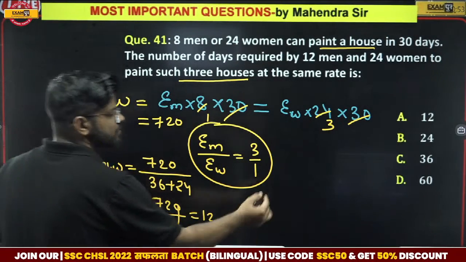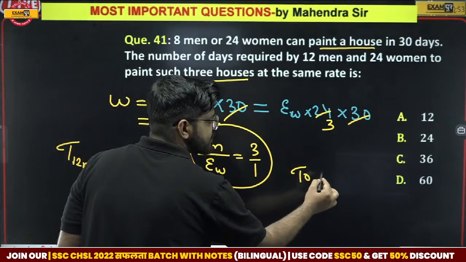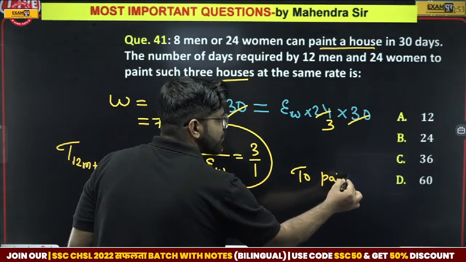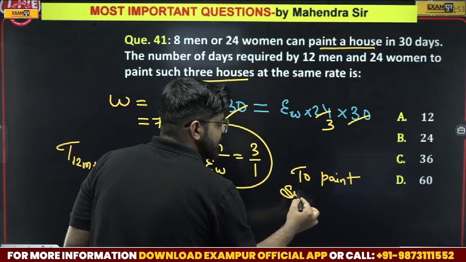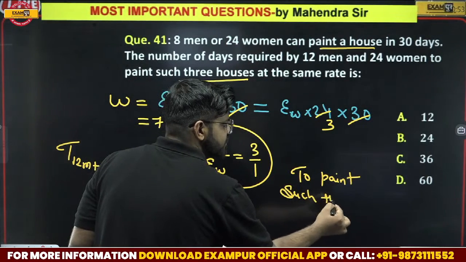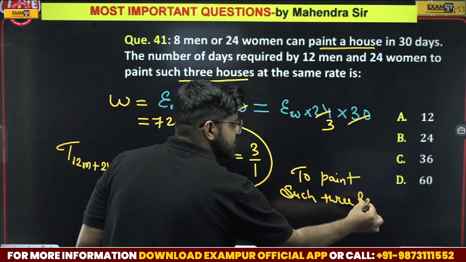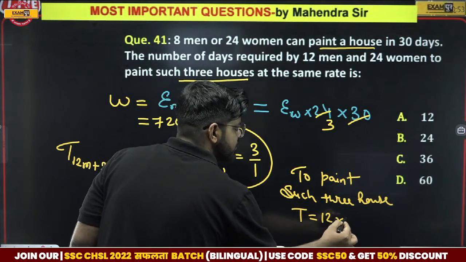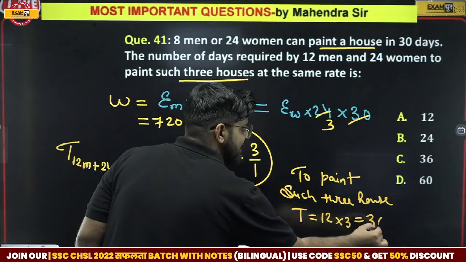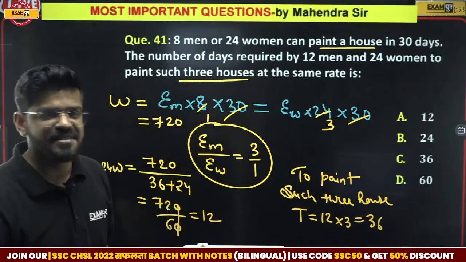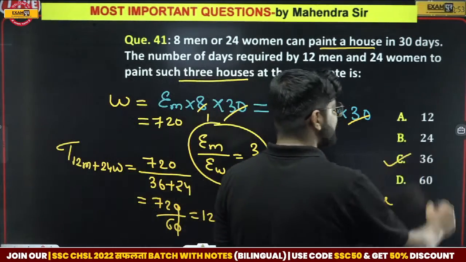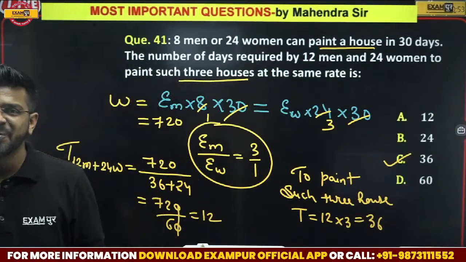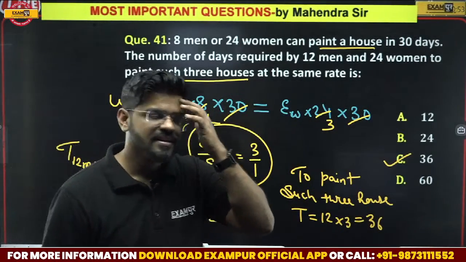So to paint such 3 houses, the time will be 12 into 3. So my final answer will be 36. Yes or no? Clear? Is it clear?